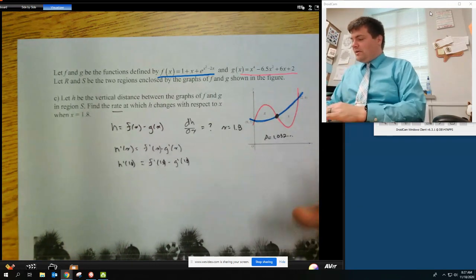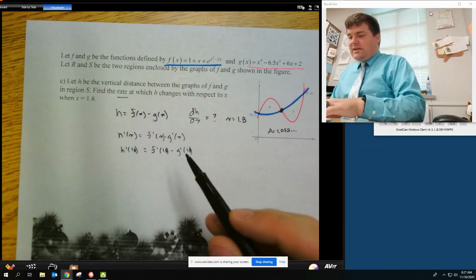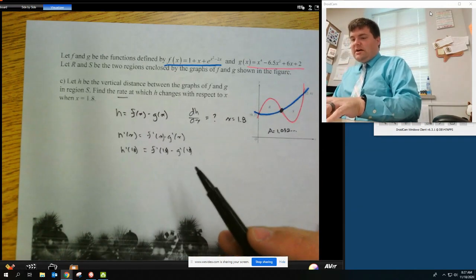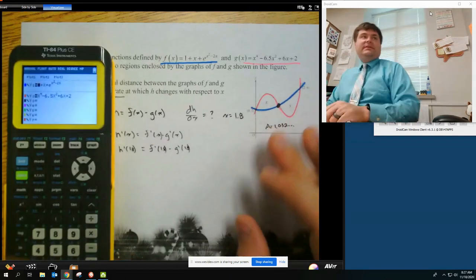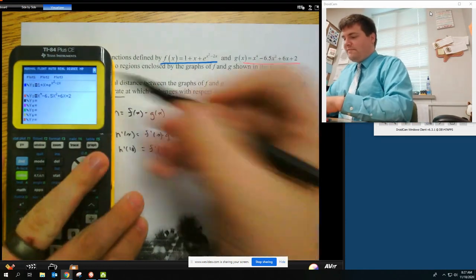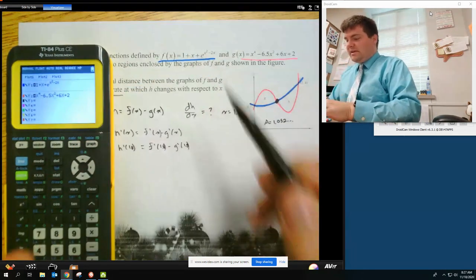So all we're going to do here is take the derivative. Now, what's super nice is I already have everything typed in my calculator, like this right here. So again, f is the first one, g is the second one.